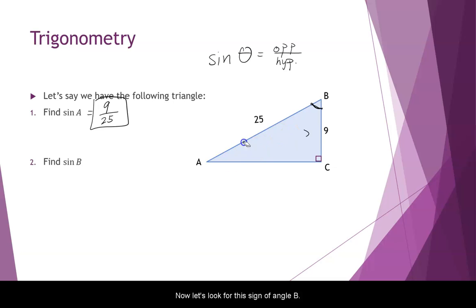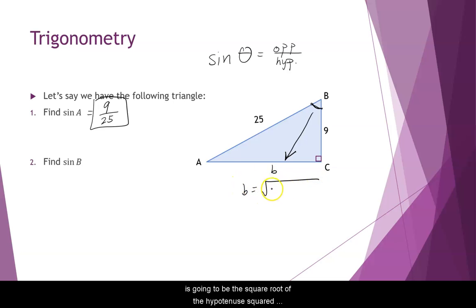Now let's look for the sine of angle B. From angle B, the opposite side is not 9, the opposite side is this unknown length. What we're going to do to find that unknown length is use the Pythagorean theorem. So side length B, right down here, is going to be the square root of the hypotenuse squared minus the other side length squared.